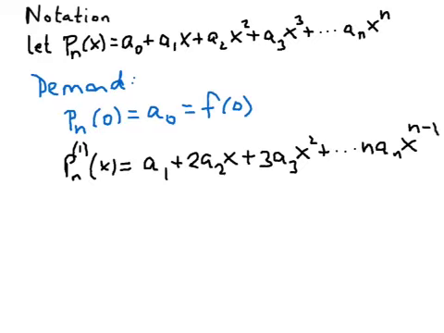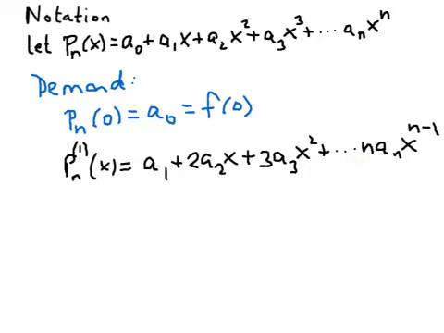Now what we want to demand is that this evaluated at 0 is equal to the first derivative of the function evaluated at 0. And this evaluated at 0 is quite simple again, because in just the same way that all these terms vanished when we worked out the polynomial at 0, when we calculate the first derivative at 0, this vanishes, etc., etc., and we're left with a1.